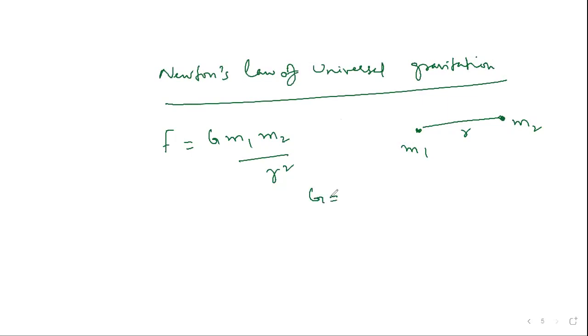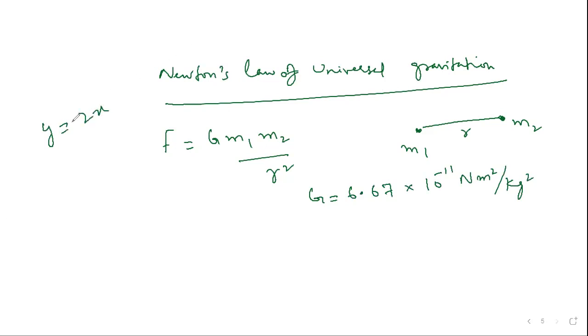G is the universal gravitational constant with value 6.67 into 10 raised to minus 11 Newton meter square per kilogram square. We have expressed this law in the form of an equation. It's just an equation. It has left hand side, it has right hand side, just like y is, for example, 2x.